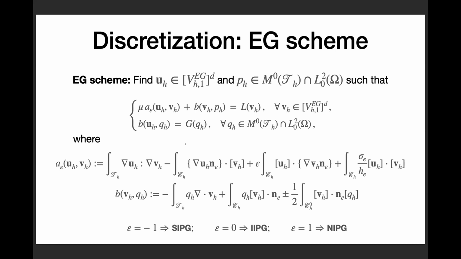And the parameters sigma are the penalization parameters and are chosen independently of each other, and usually large enough so that the bilinear form is coercive. On the other hand, we have that the form b is the approximation of the divergence term. Because of this third term, that is a consistency term that is introduced in order to ensure the stability of this scheme.